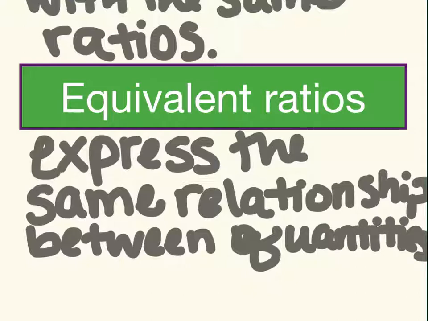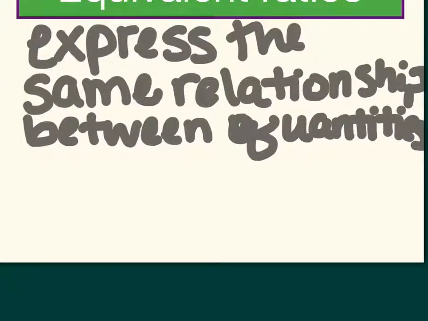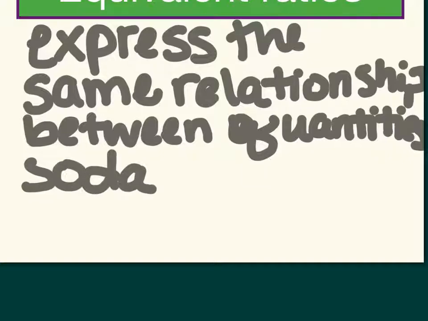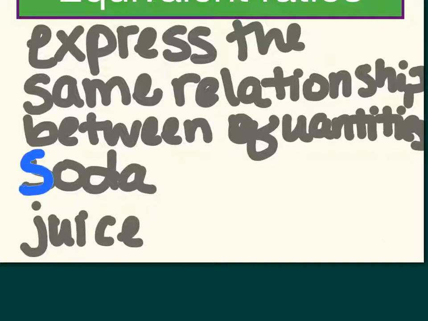Okay, so that would be similar to saying, let's say I had soda and juice. And actually I'm going to write that in different colors so you can see it a little more because this is kind of an example. So we have soda and juice.